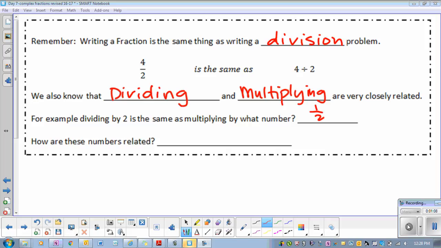Because you have to flip. You're multiplying by the reciprocal of your second number. How are these numbers related? It's the reciprocal. Going from a 2 to a 1/2, that is the reciprocal.